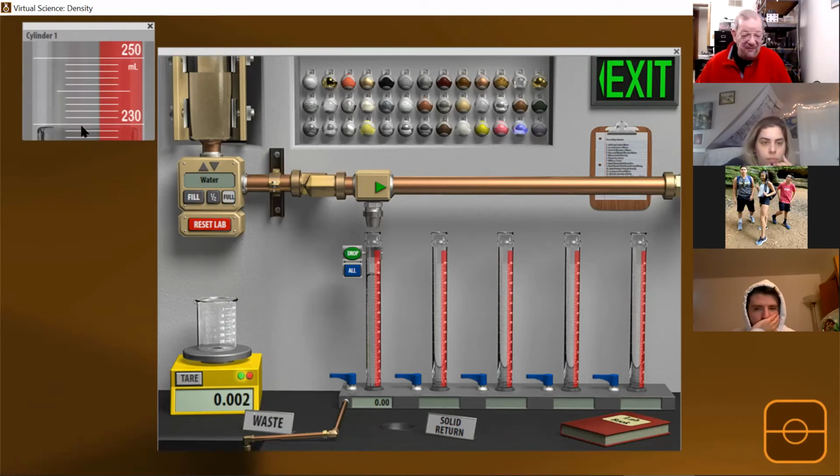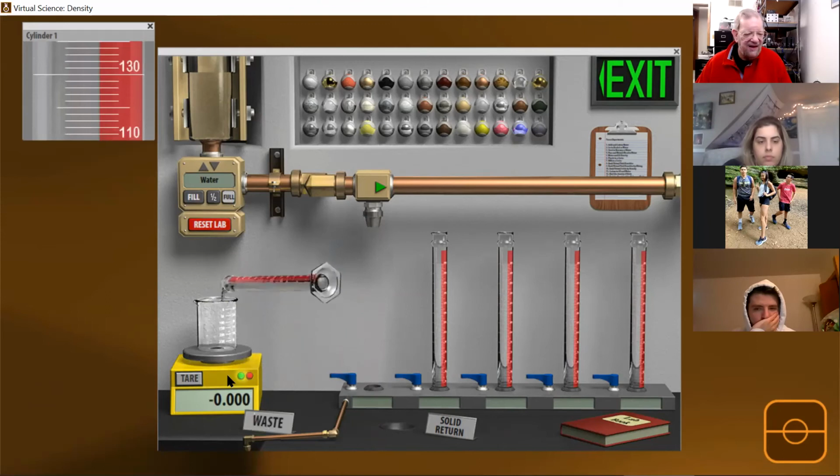Now, here's the fun part. Put your cursor over the graduated cylinder and left click, and now, is that wicked? I love it. Notice the weight is 229.346.